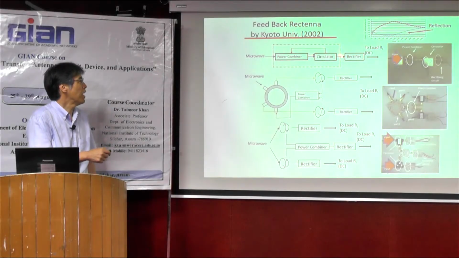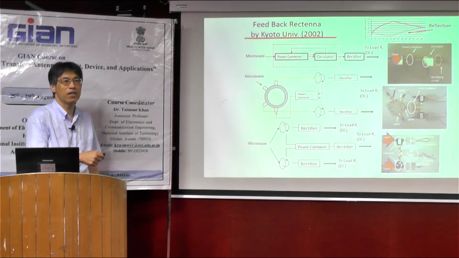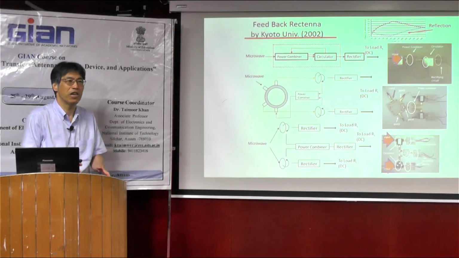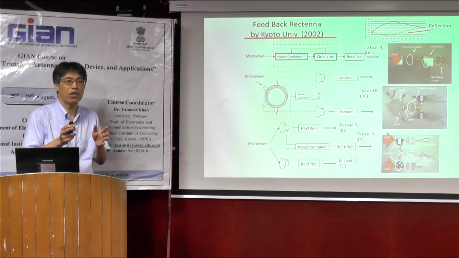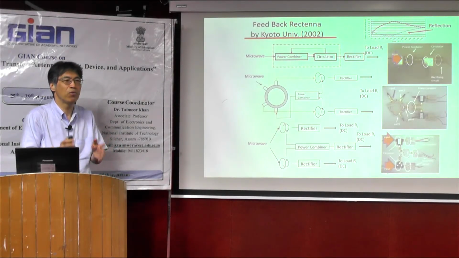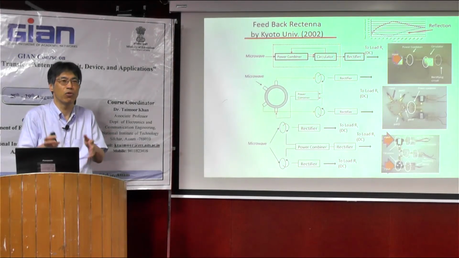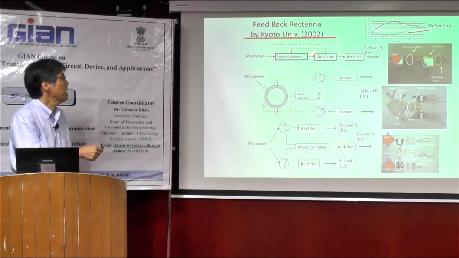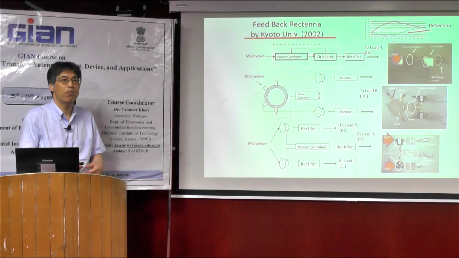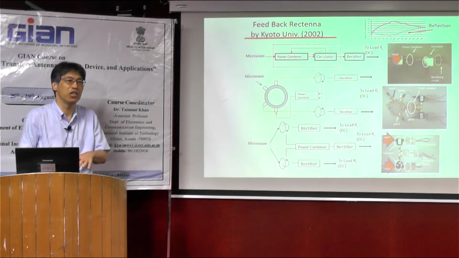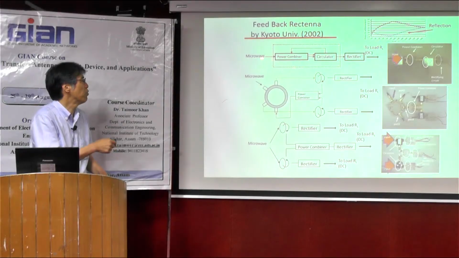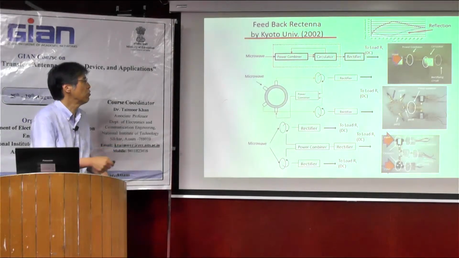But this power combiner contains a big problem, because theoretically, for a power combiner or power splitter, we have to know the power level, the power difference of the two inputs or two outputs. So in this case, the amplitude of the reflected wave is changed by the input power, or changed by the user side.